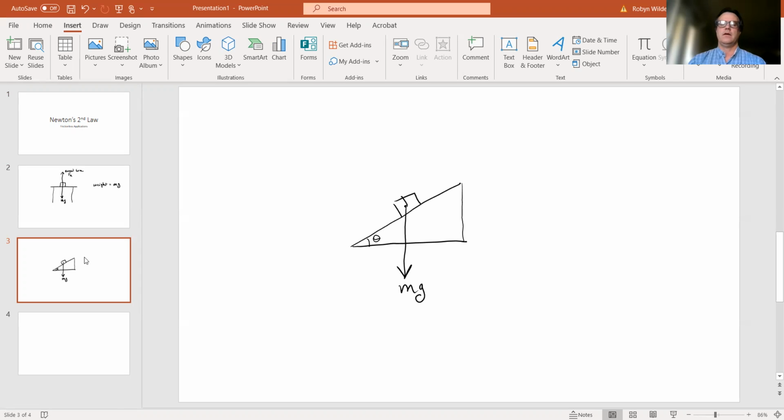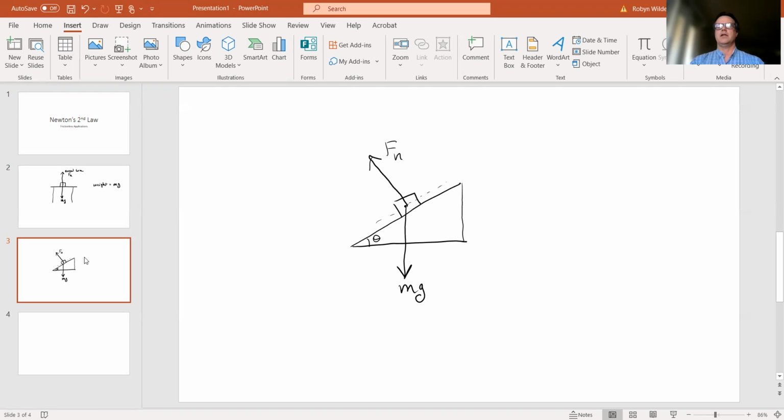And now the normal force is going like this. It's always perpendicular to the surface, so it's perpendicular to this direction. Now, when I do problems like this with the ramp, I'm going to make a change in how I do it. And the reason I make this change is I know one thing.